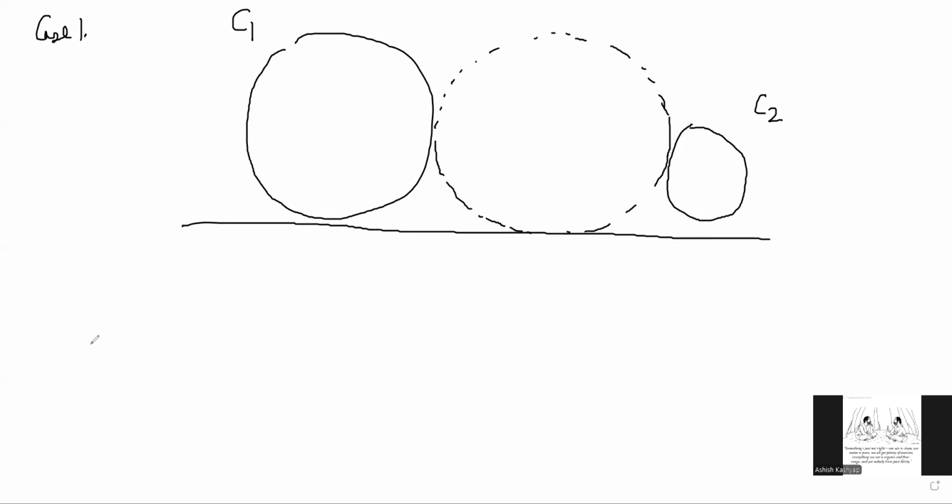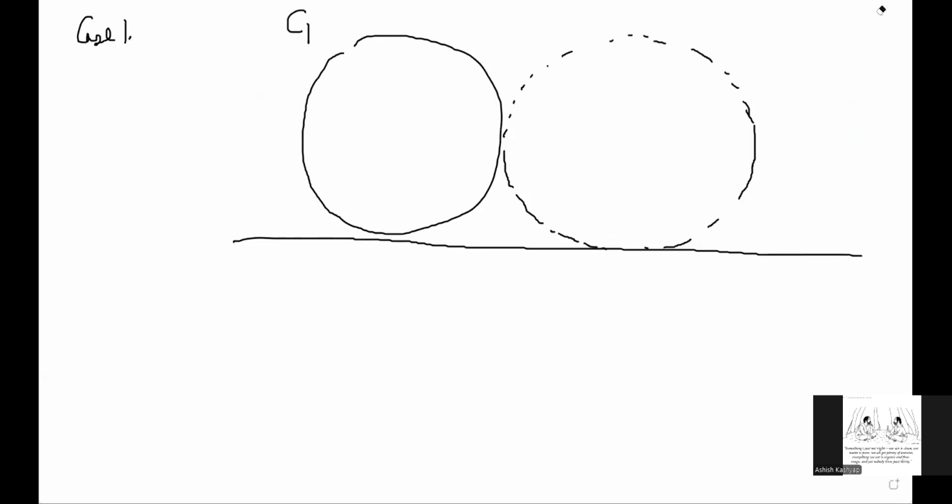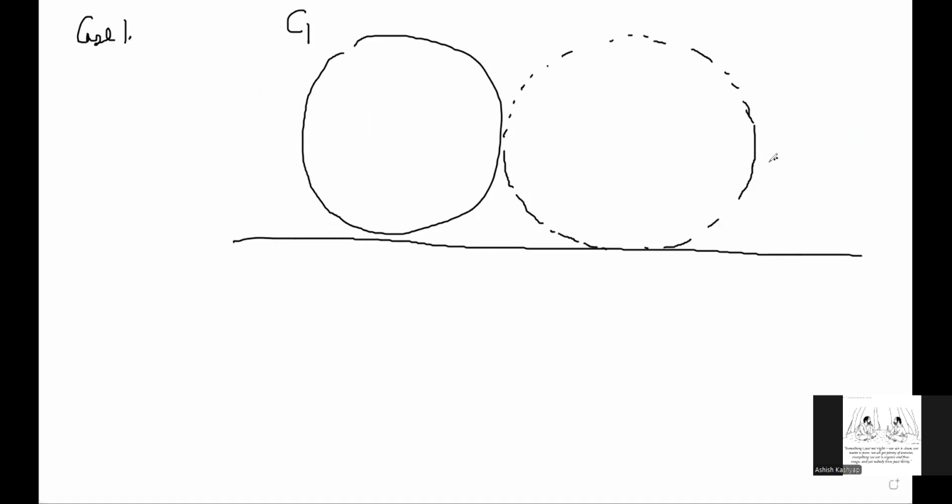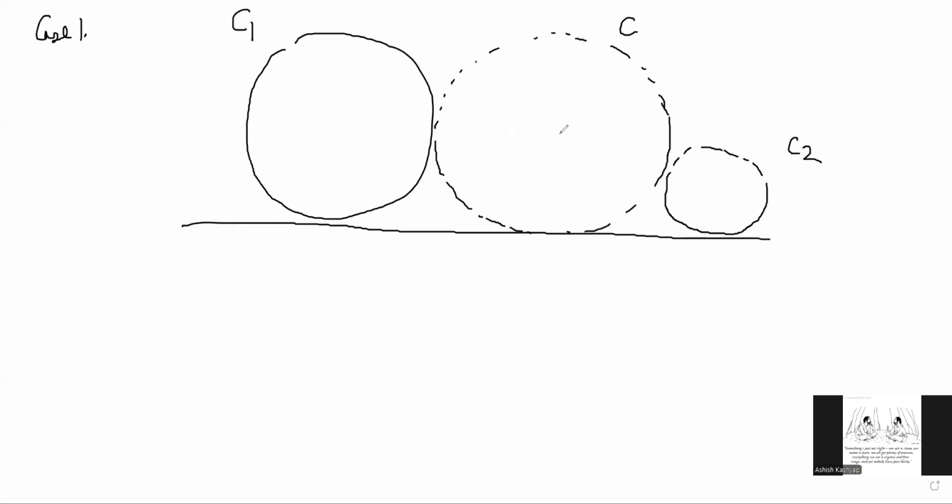So I will redraw C2 a little bit. C2 is like this, right? And this is the third circle C. This is one possibility. Notice here that C touches C1 and C2, and also C touches the line L1, and both the circles C1 and C2 touch the line L1.